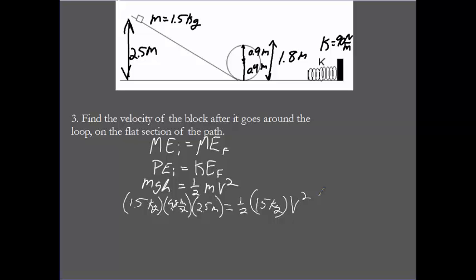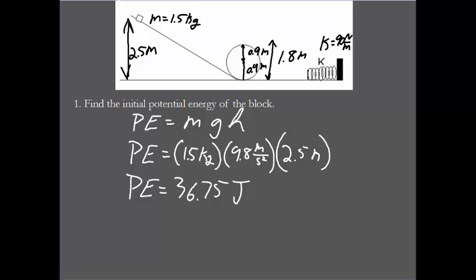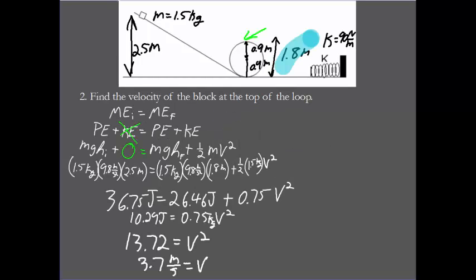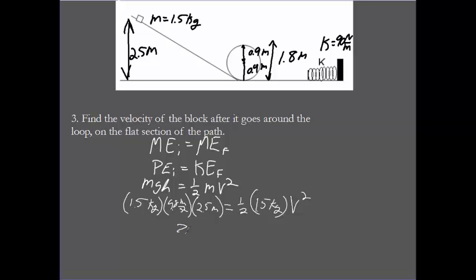Now I know that 1.5 times 9.8 times 2.5 is equal to 36.75 joules. And 1.5 times 1/2, that's equal to 0.75. And we're going to multiply that times v squared.